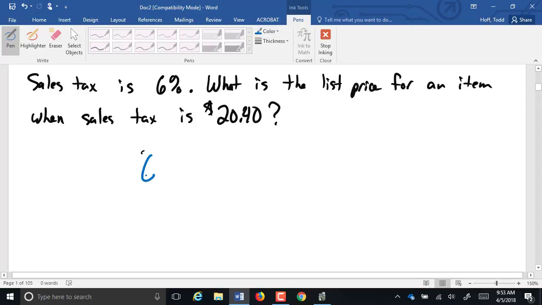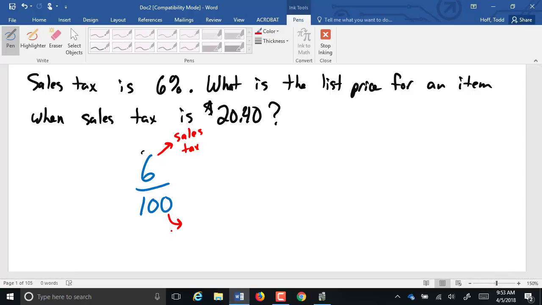So we've got that 6%. The 6% obviously represents sales tax. The 100%, the basis, is not the total, it is the list price, right? It's the price of the item before tax, because you use the price of the item to figure out what the tax is.